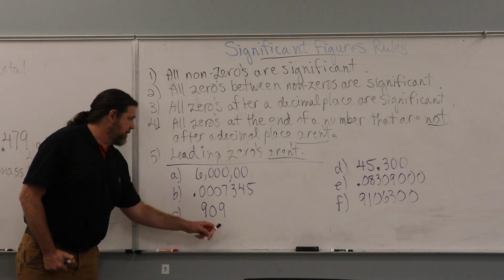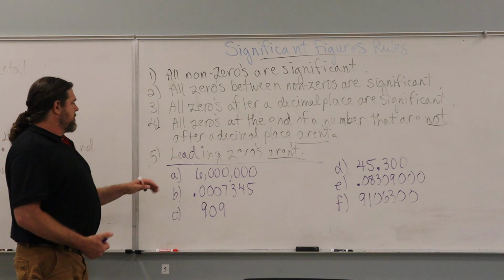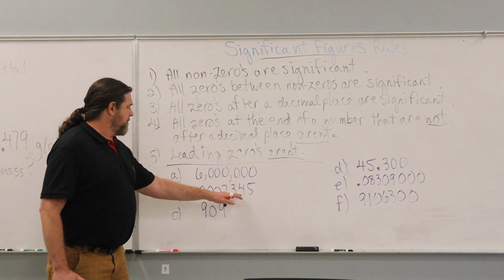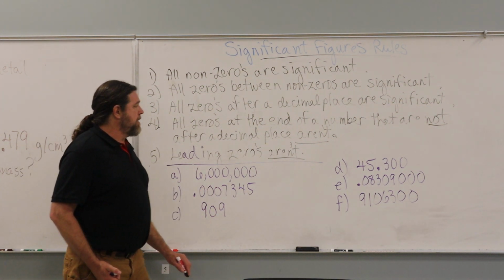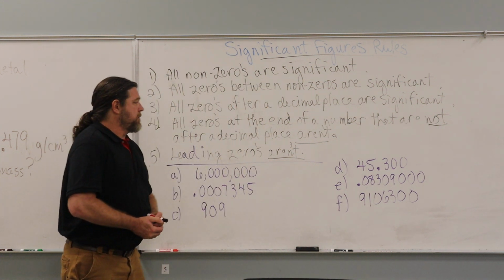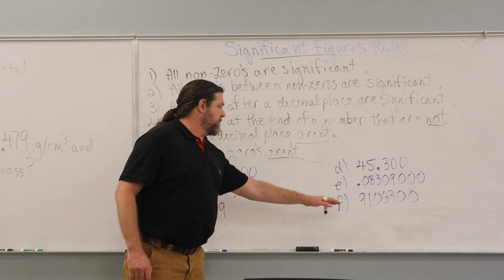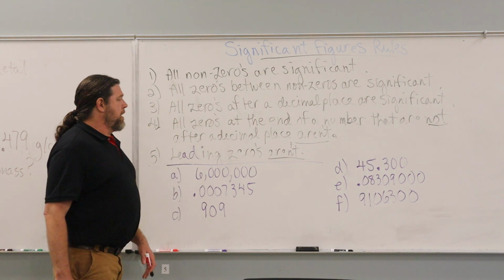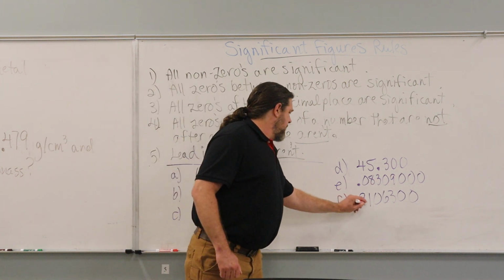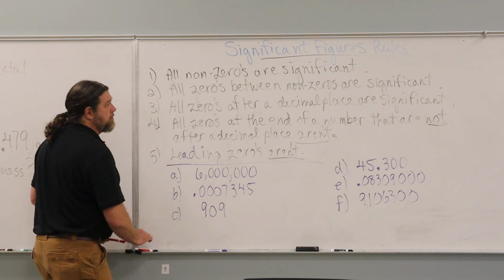We have the numbers 6 million, then a fractional value, 0.0007345, the number 909, 45.300, this unwieldy number that has zeros all over the place, we're going to figure out what to do with them, and then this whole number, 9,106,300. We could even put some commas here to help you keep these numbers straight. So how many significant figures are in each one of these numbers?